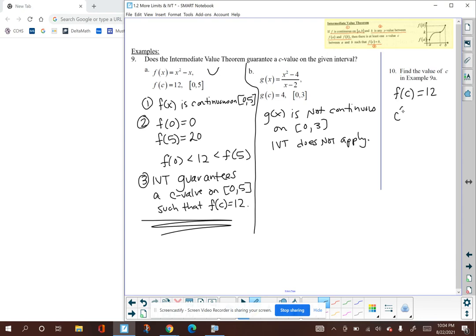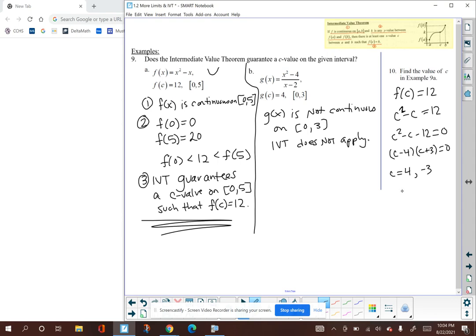That would be c squared minus c is equal to 12. And we're going to factor this. So subtract the 12 to get it equal to 0. If we factor it, we get c minus 4 and c plus 3, which gives us 2 potential answers.